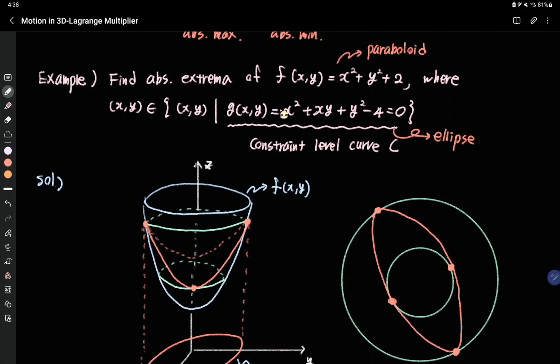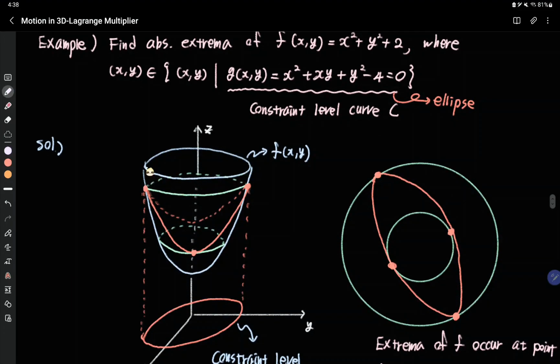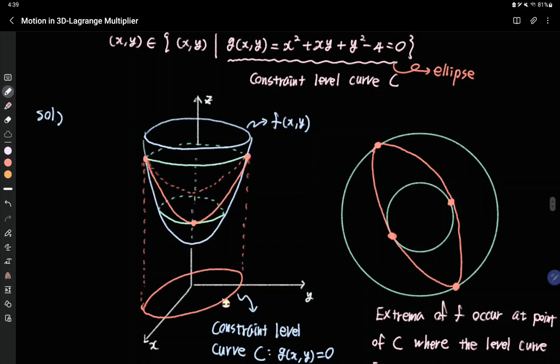Okay, so this is the equation of an ellipse, by the way. So this is the graph of the surface of f, a parabola like this. It should be up to 2 units above the xy plane, right? And then that's the constraint level curve C, g of x, y equals 0.